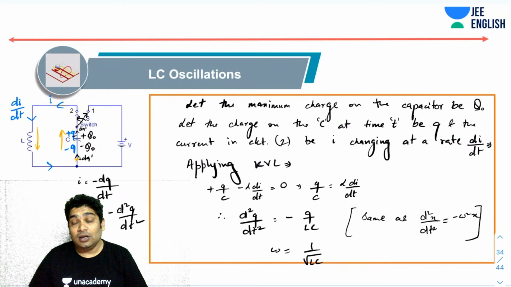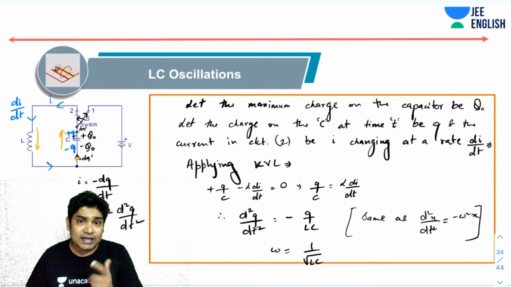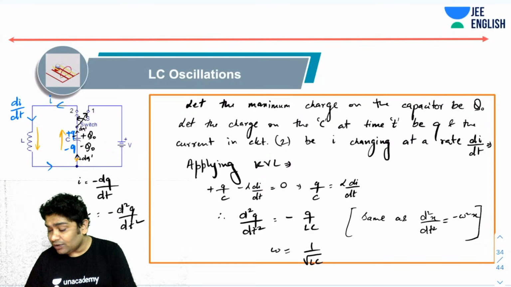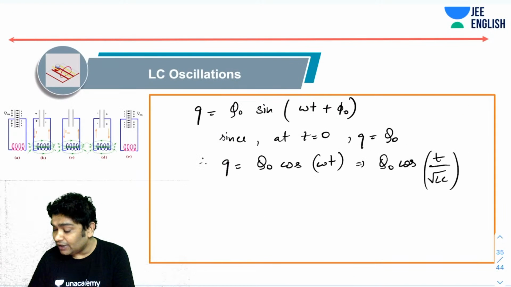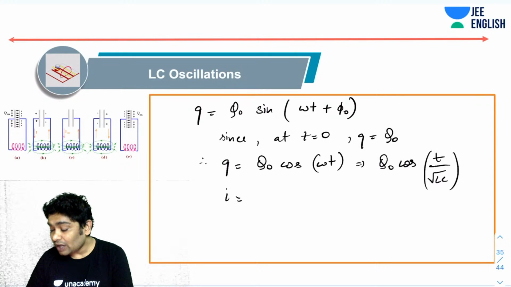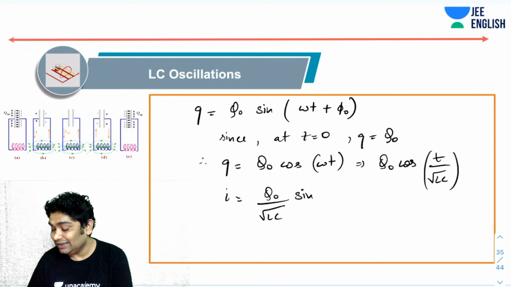Okay. Now, what is happening as the charge is oscillating? You will realize if you look at the equation of current, which is the same as the equation of velocity, right? So let's see how the current in the circuit I varies. It will vary as Q naught over root LC times sine of t over root LC, because I was minus dq by dt.